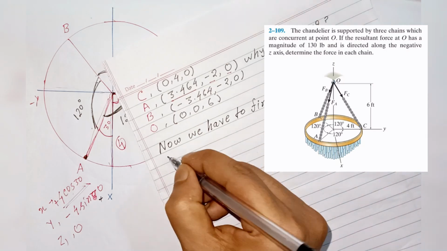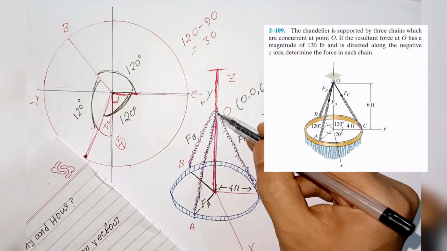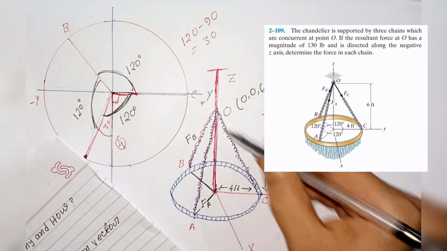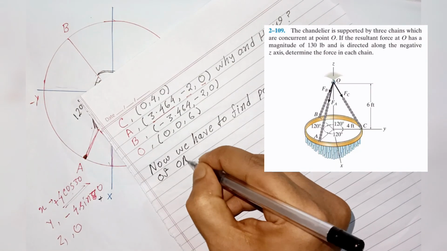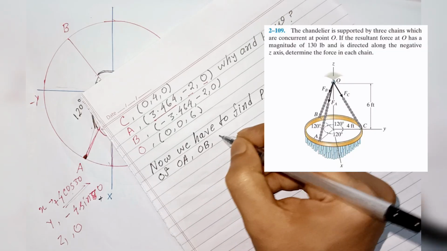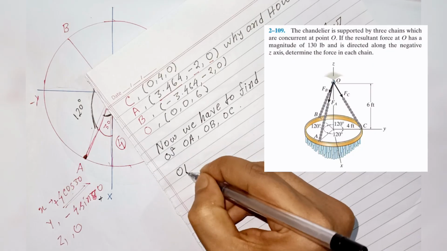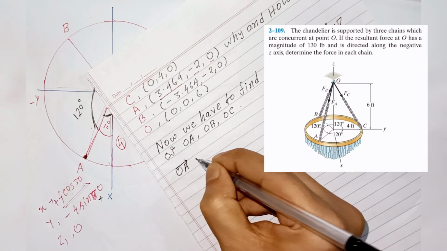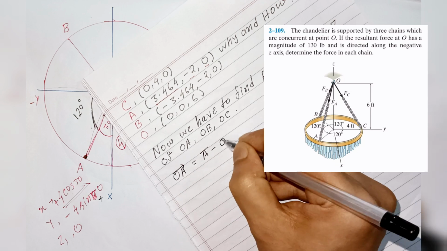So now we have to find the position vectors of OA, OB, and OC. Basically the three chains given by the question, not me. What is the process of finding a position vector? For OA, the second term is A, the first term is O. Second term minus first term.